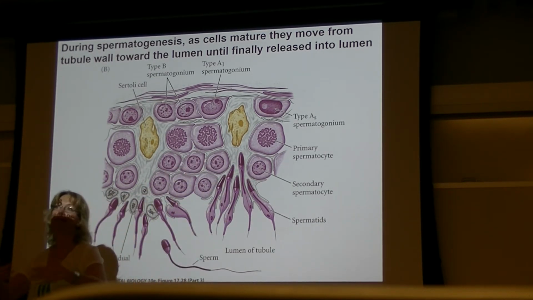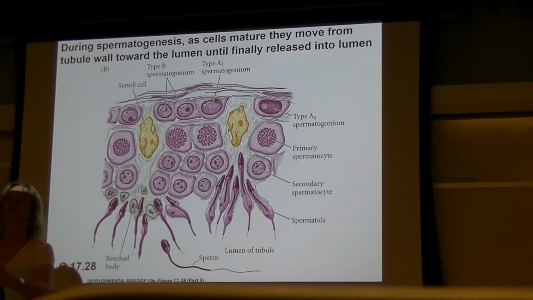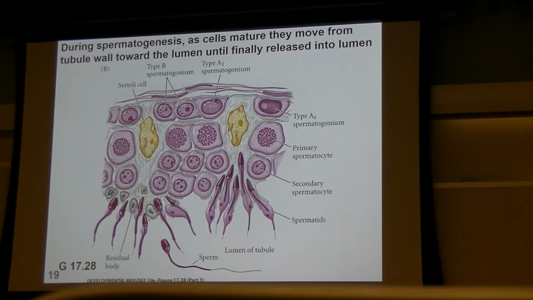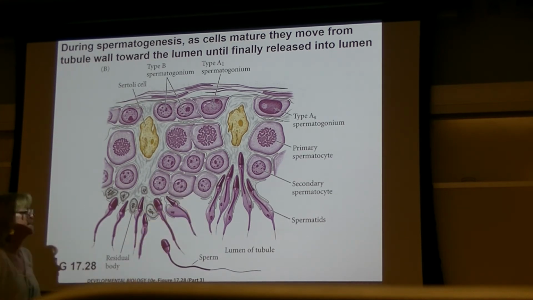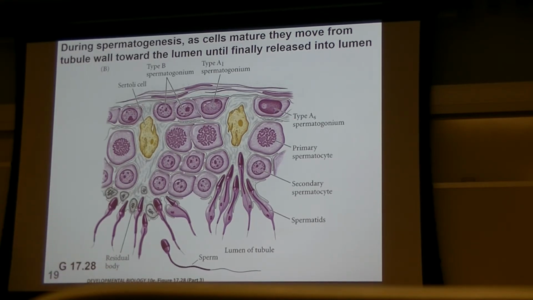As they start to go through meiosis, they move further and further away from the wall. And in these sorts of sections, you may see cells with chromosomes at the metaphase plate or chromosomes in anaphase because they're going through meiosis. And then spermiogenesis is occurring where the cytoplasm is being sloughed off and other changes. And finally, the mature sperm are released into the lumen of the tubule.